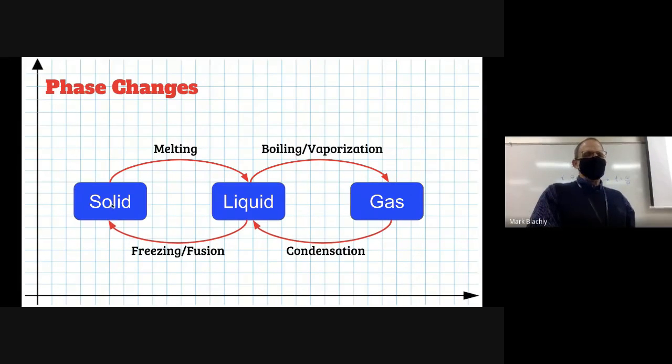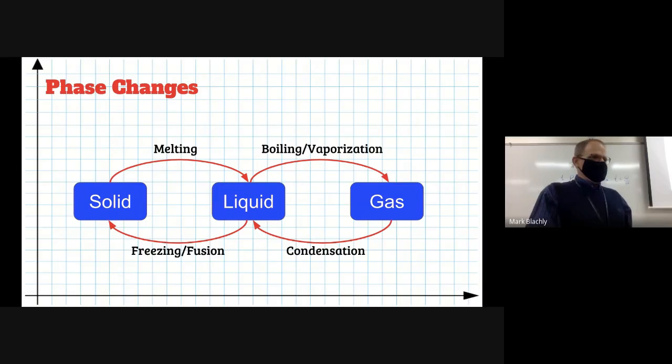So we have solids, liquids, and gases. And when we transform from one state to another, we have names for those. I think this slide looks pretty familiar to most of you. Most of you know that when you go from a solid to a liquid, we call that melting. So you probably don't need to write this down, okay? But if you do, that's okay. These slides are linked online, so you can go back and get them later too if you need them.